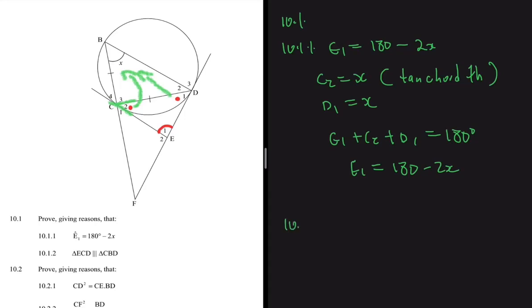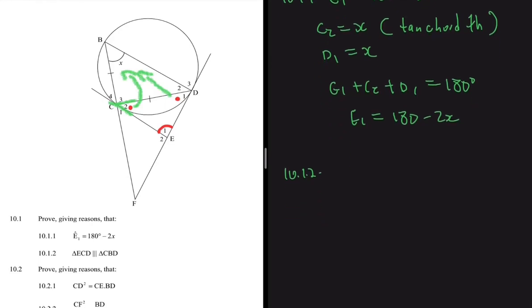Now we can move to 10.1.2. We still have one keyword, right? Proving that angle E1 is equal to 180 minus 2x doesn't give us any other keyword. So we're supposed to answer 10.1.2 using the tangent again, because that's the only keyword we have.